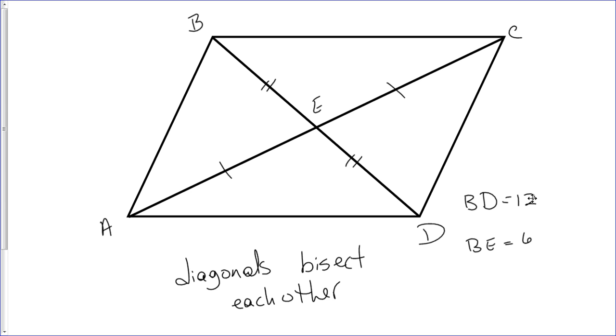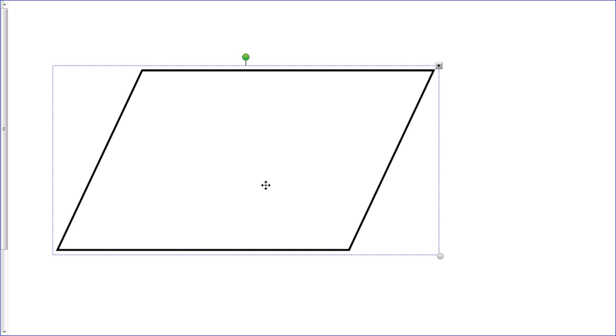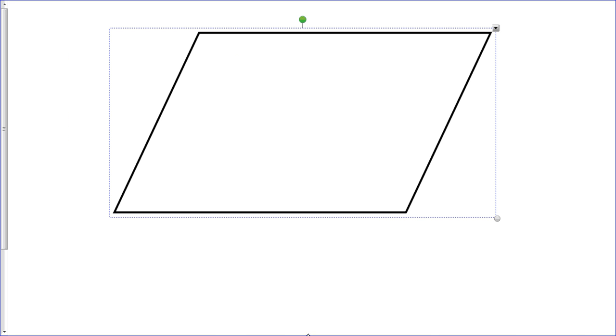So let's throw in another Try. Now, this Try deals with the fact that the diagonals bisect each other. Here we have a parallelogram. Let me draw in the diagonals.